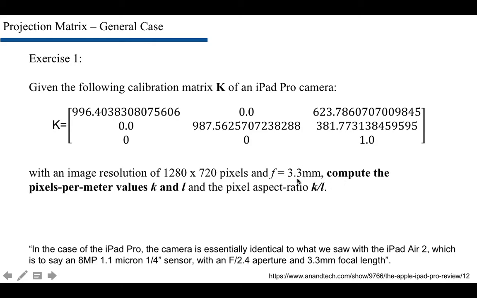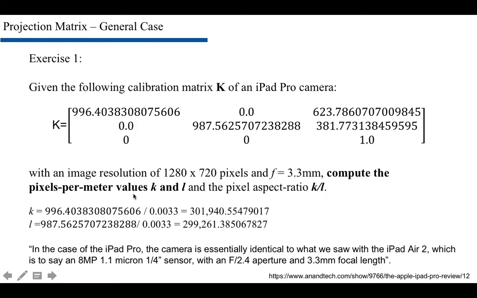The goal is to compute the pixel per meter values k and l, I mean the way of transforming the focal length into pixel length, and the pixel aspect ratio k divided by l.